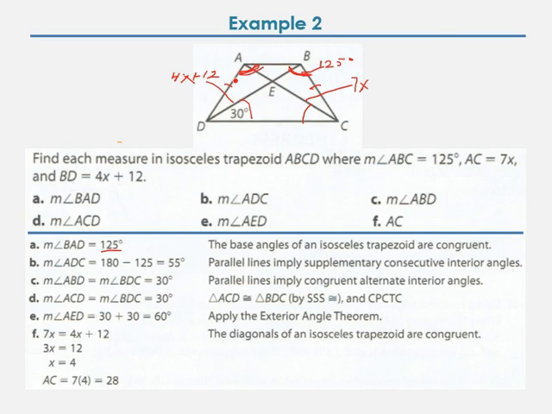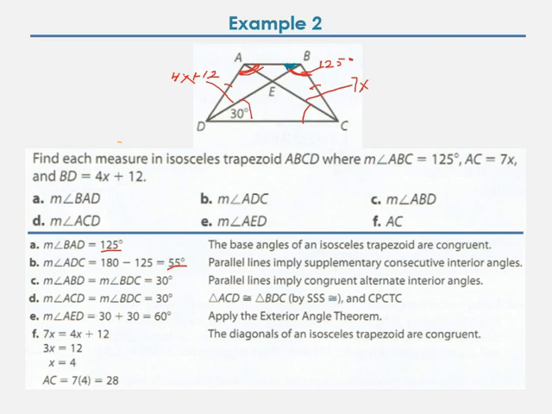Angle C, the measure of angle ABD. So ABD, that's the little one right here. And let me get a different color, and I'll color that in. So we're looking at ABD. Now ABD is this small triangle.